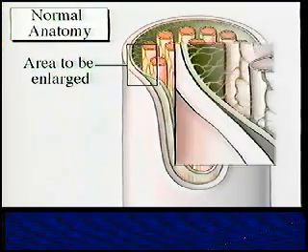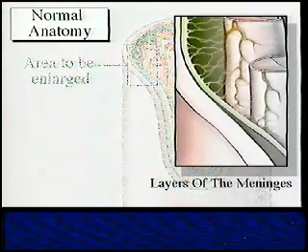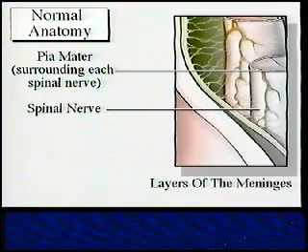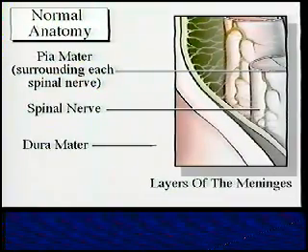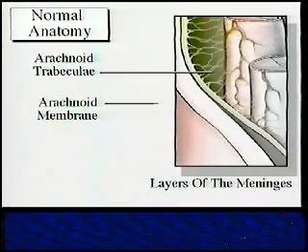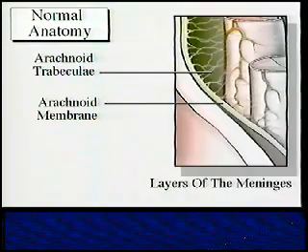Extending from the arachnoid membrane are fine filamentous threads called trabeculi. These cross from the arachnoid to the pial membrane. The spinal fluid is produced through the arachnoid membrane, circulates around the spinal nerves, the spinal cord, and then to the brain, where it is absorbed.